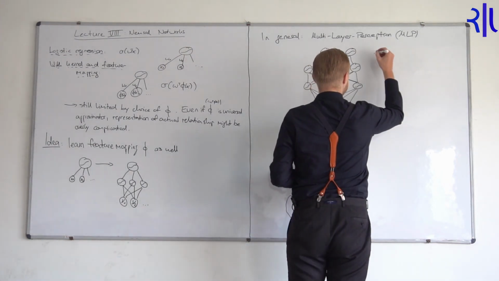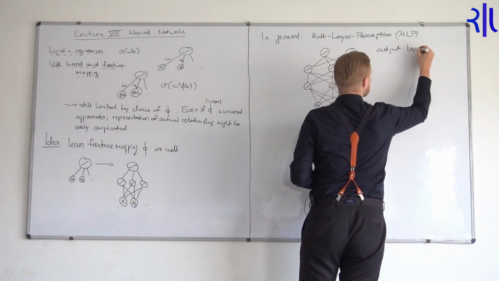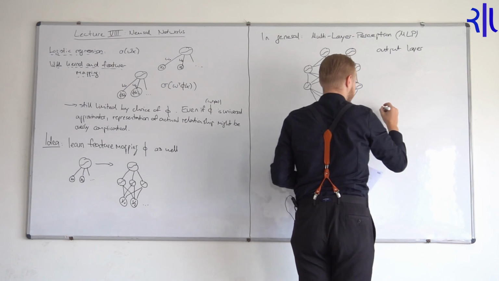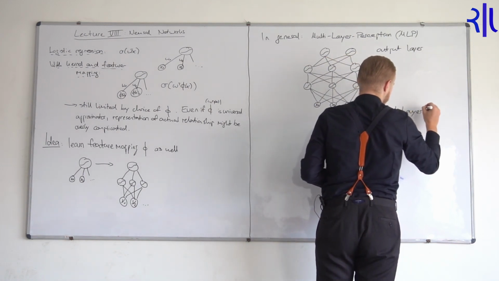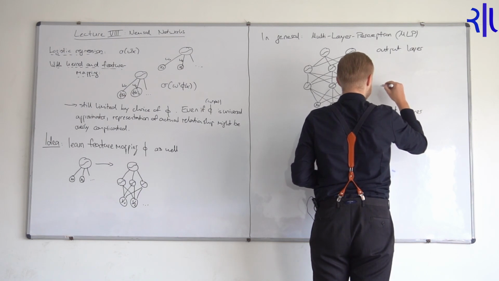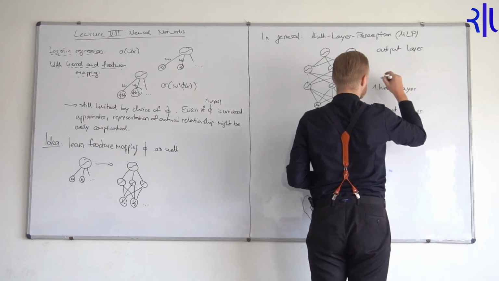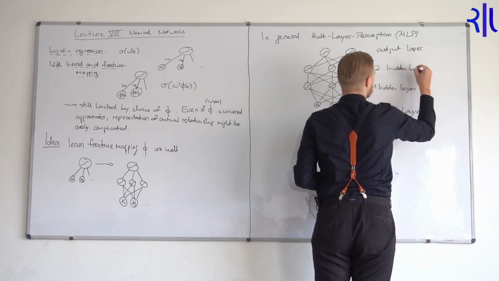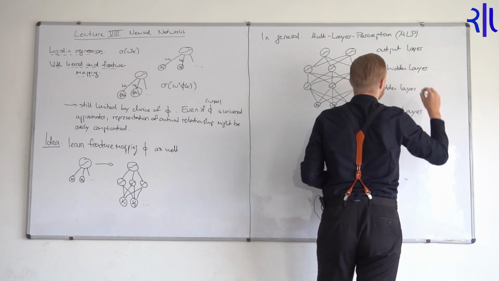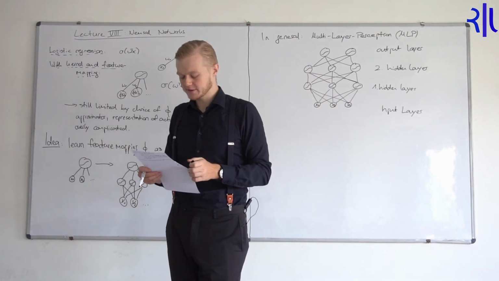So we could call this here the output layer. This would be the input layer. And those two in the middle would be 2 hidden layers.